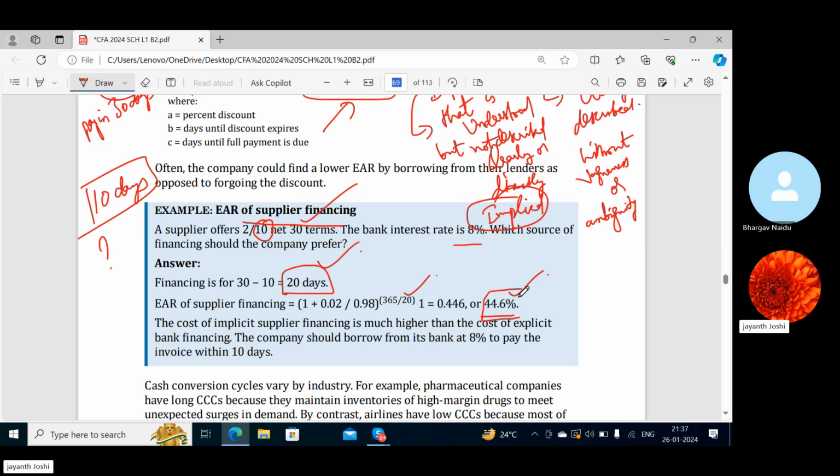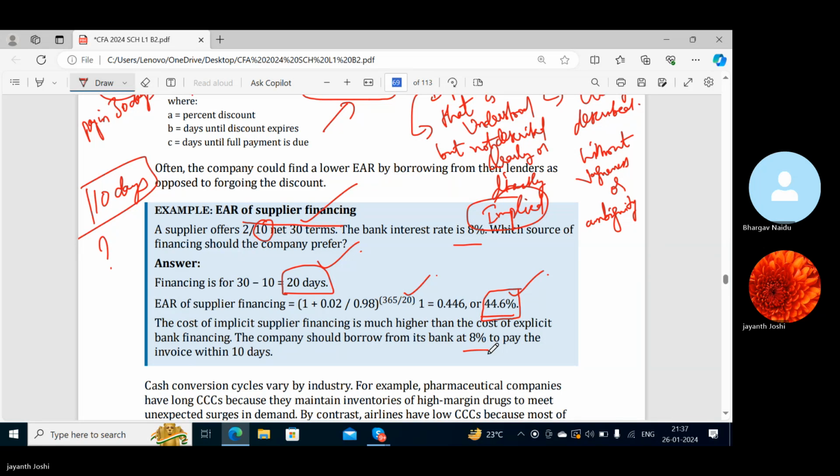Did you understand? 44.6%. The annual rate is calculated for the entire year. So the cost of implicit supplier financing is 44.6%, and if you take the bank loan, it is 8%. So 44.6% is way higher than 8%, right?